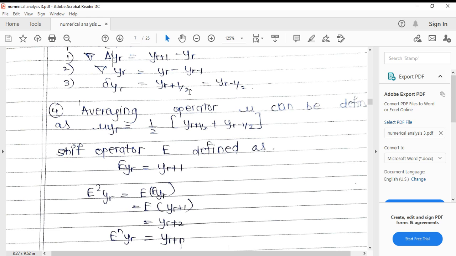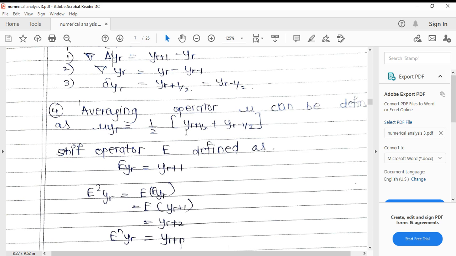First, we studied the forward one, yr plus 1 minus yr, which means we calculate these values with the help of the next number. Then the backward difference is yr minus yr minus 1, and this is the central difference, yr plus half minus yr minus half.